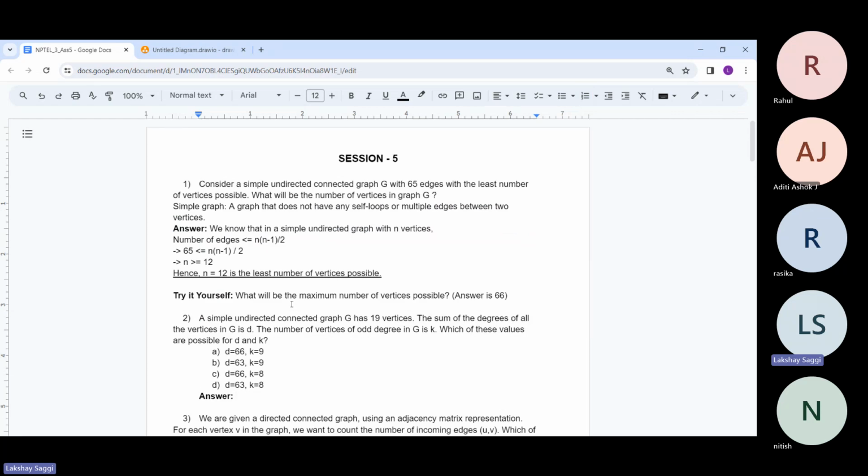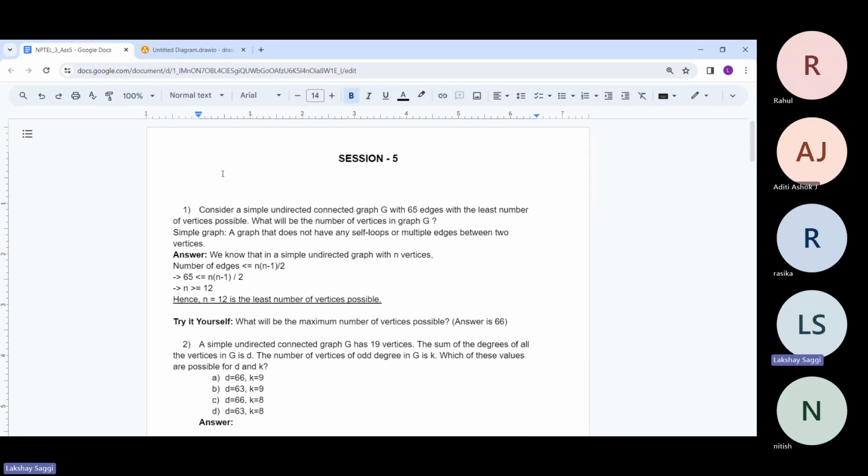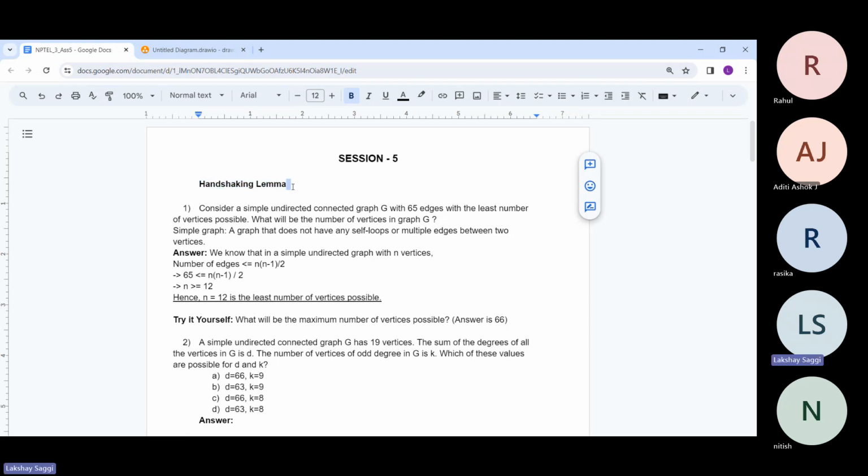Before discussing this, I just want to remind you of a lemma which has been discussed in the lectures also. I don't remember if it has been discussed by name, but it is called the handshaking lemma. What does the handshaking lemma say?